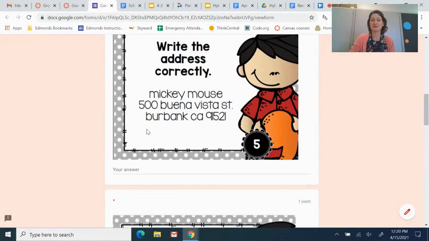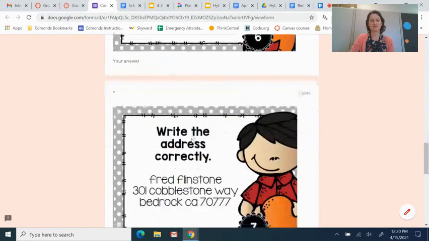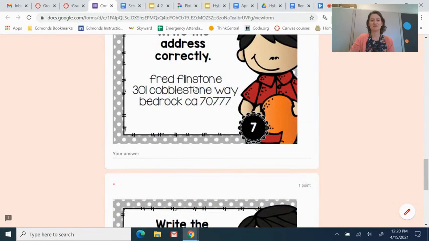Same for the next one: Mickey Mouse, 500 Buena Vista Street, Burbank, California, 91521. And the same for Ramona Quimby, Klickitat Street, Portland, Oregon. Write the address correctly. Fred Flintstone, I think it's meant to be Flintstone.